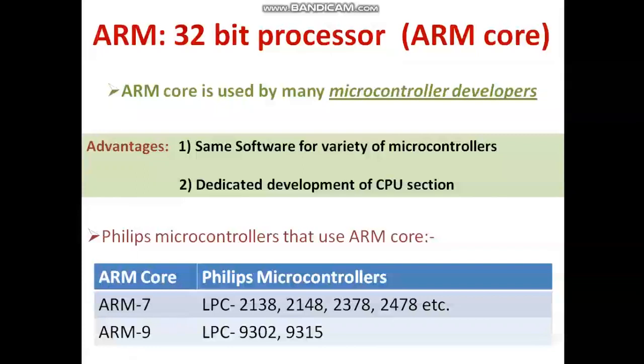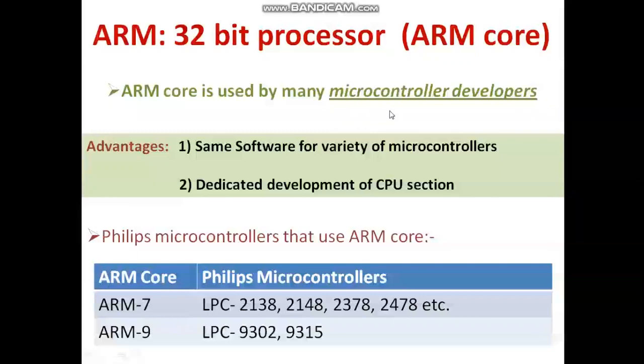But unlike other processors like say microprocessor 8085, 8086 and so on, this ARM is not available as an independent IC. But it is provided in the form of a circuit which can be used by different microcontroller developers.